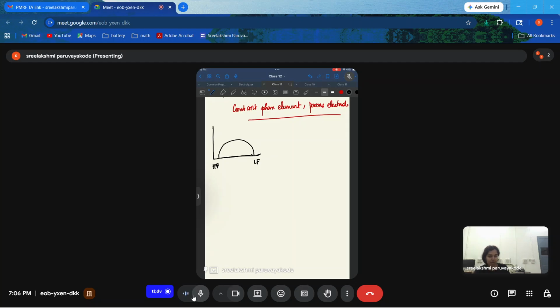It's supposed to be a semicircle with a 90-degree angle, a perfect semicircle, meaning whatever the radius, it is the same on all sides. You can expect something which is a perfect semicircle.